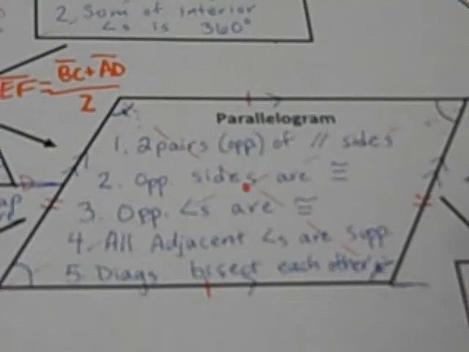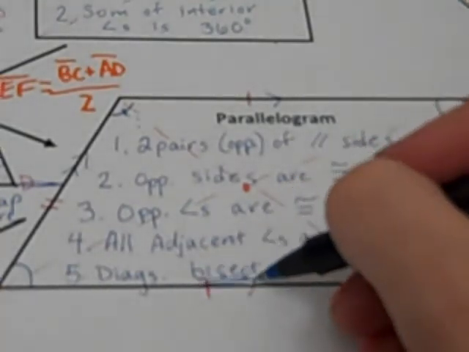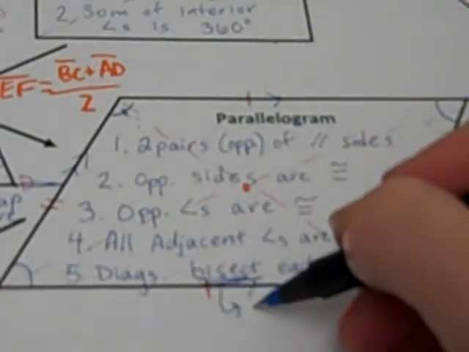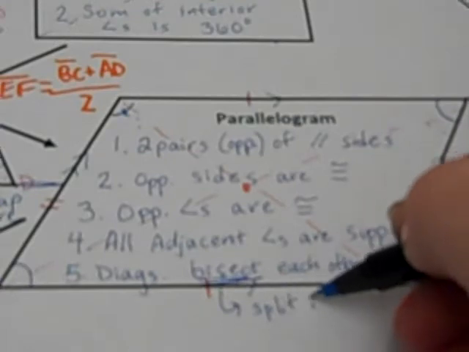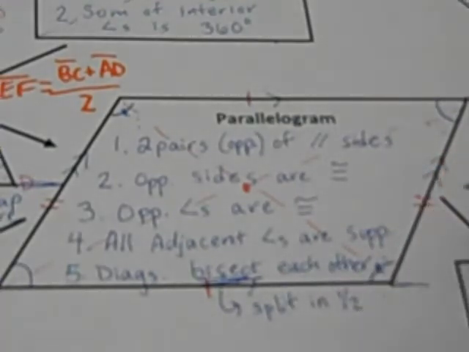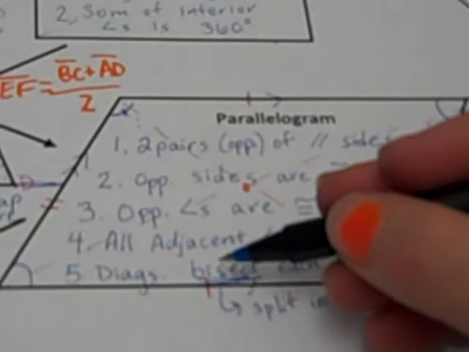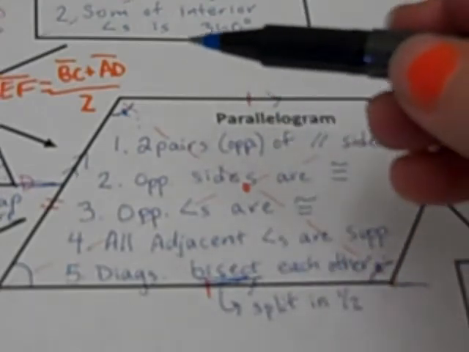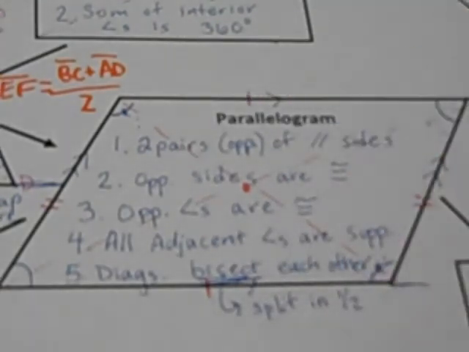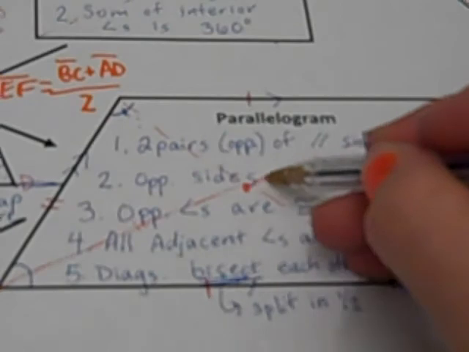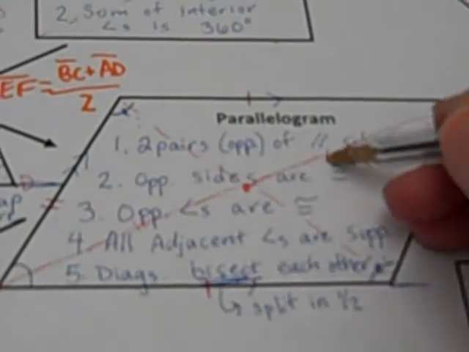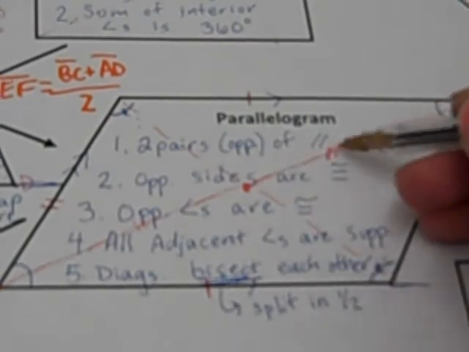What does the word bisect mean? Well, remember, bisect was to split in half. We talked about perpendicular bisectors, right? Bisecting, we're splitting it in half. So if it's bisecting each other, that means that this half of the diagonal is congruent with this half of the diagonal.